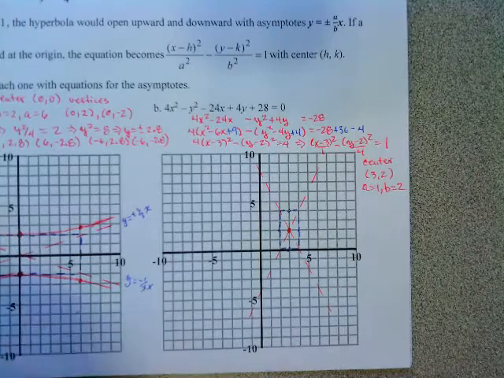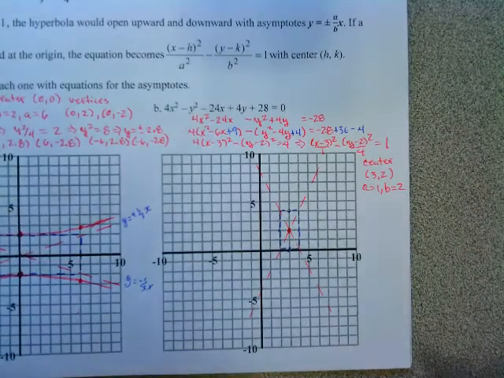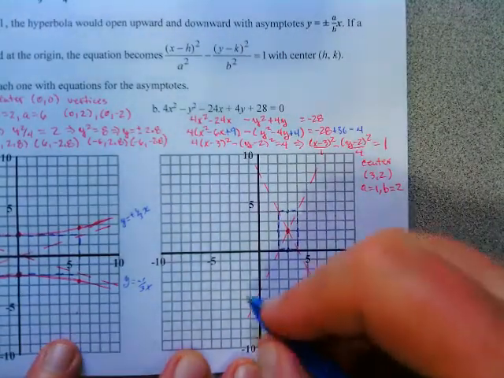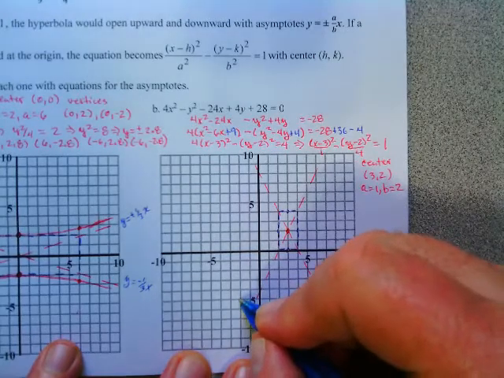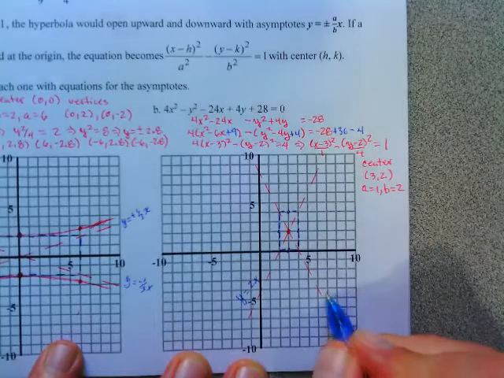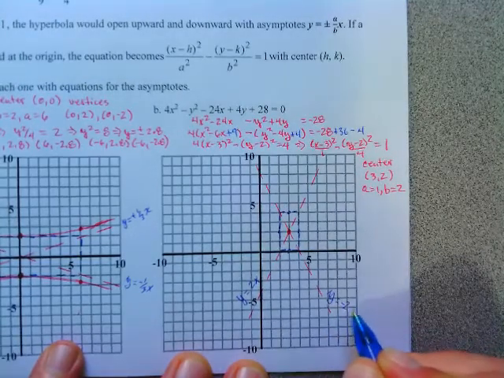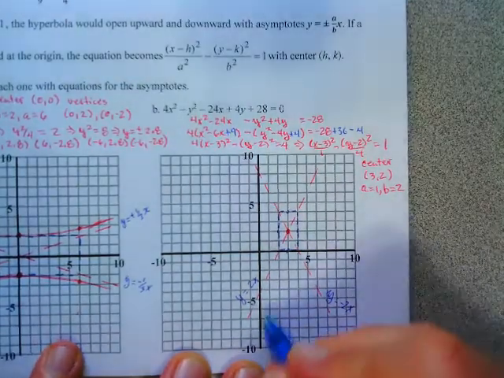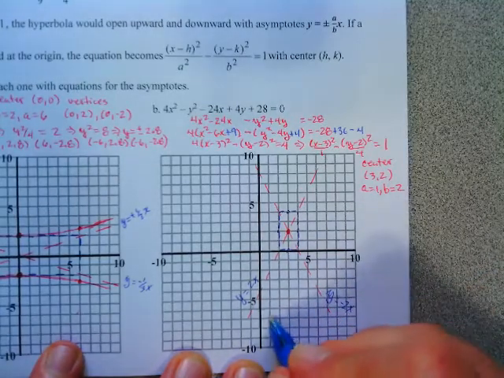Those are my asymptotes. In this case, we have y equals 2x, and over here, y equals negative 2x. Again, those are the asymptotes.